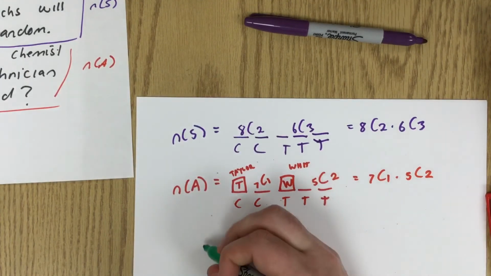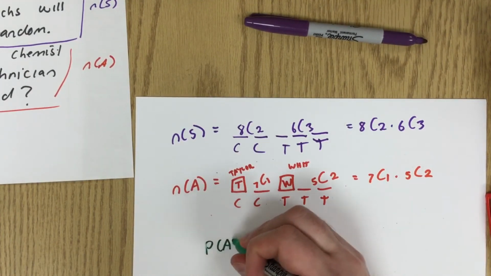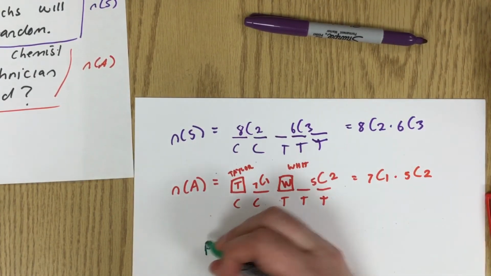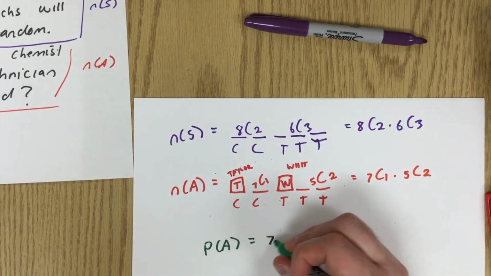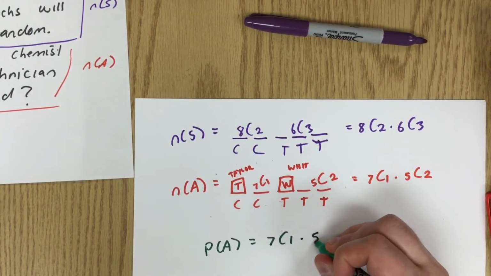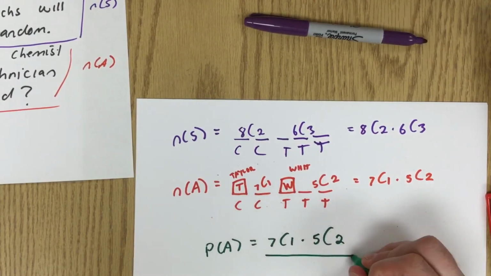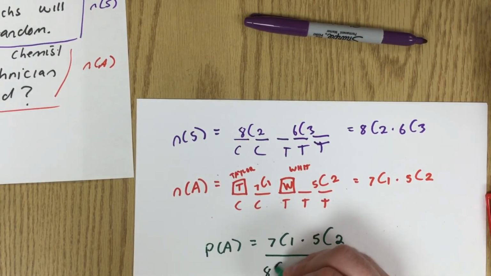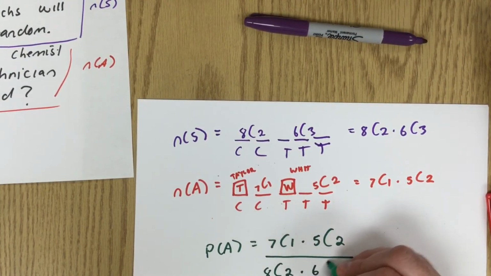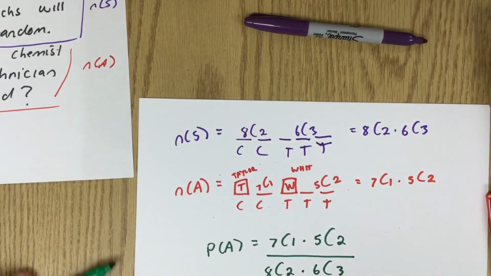Putting it all together, the probability of getting what we want is going to be 7 choose 1 times 5 choose 2, all divided by 8 choose 2 times 6 choose 3.